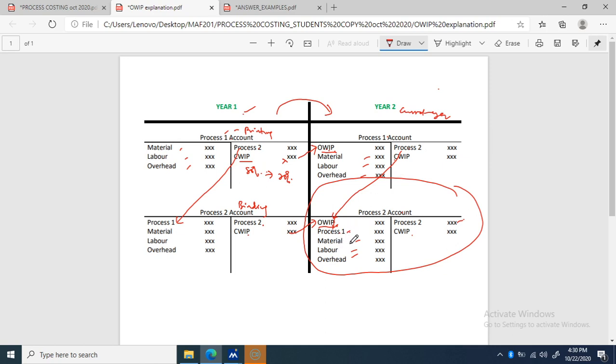But the cost here is only for labor and overhead, no material added. So we have to transfer to the next process, P3. Finished goods of P2 will transfer to P3.